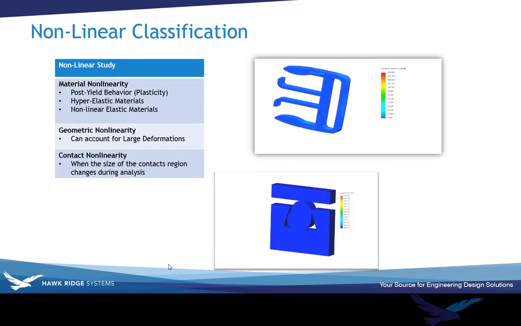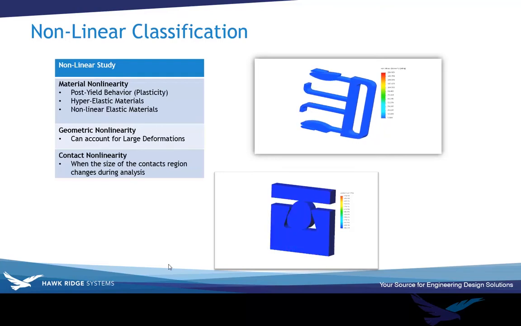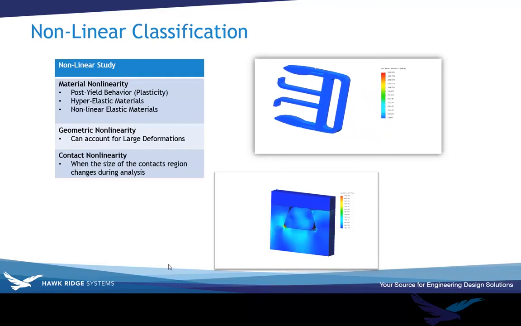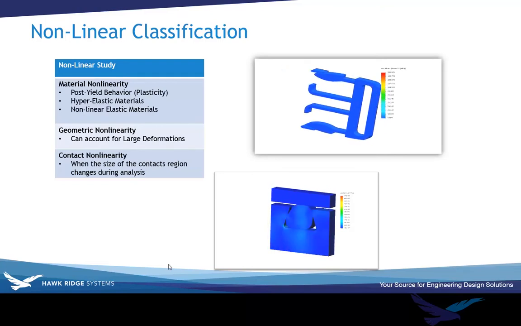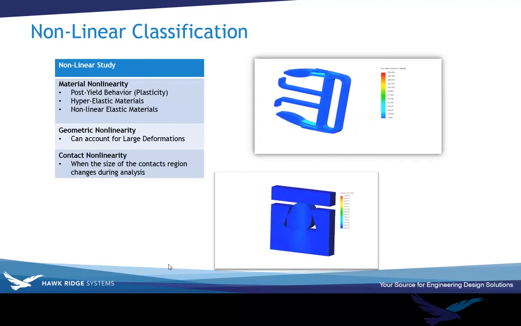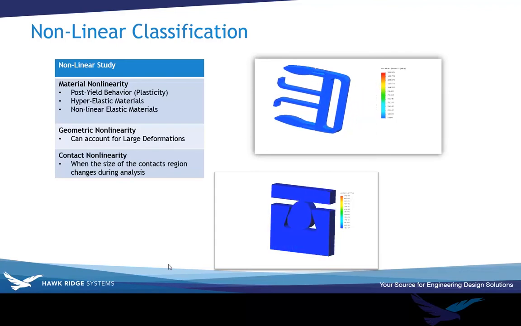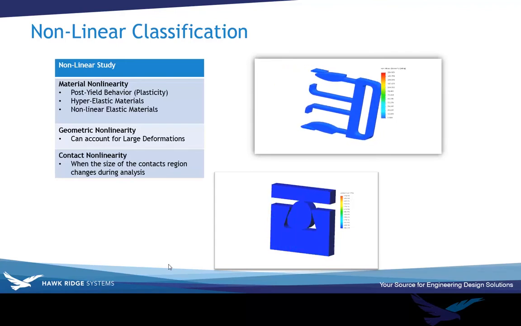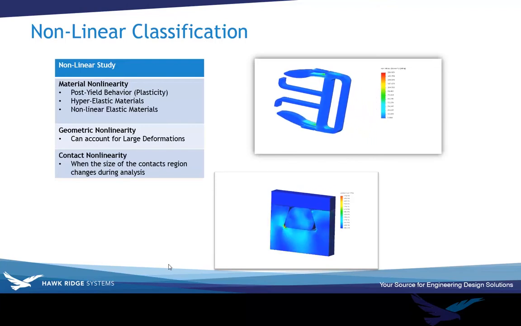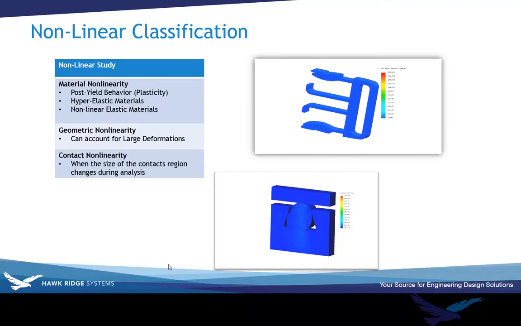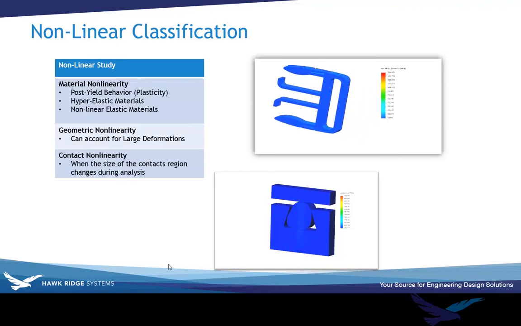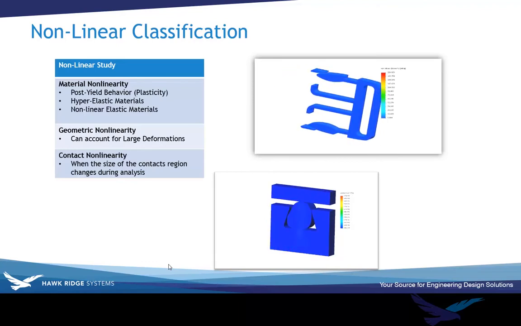That's when we want to account for inherently nonlinear materials, like plastics, rubbers, or maybe we want to know specifically what's going to happen post-yield. Or maybe we want to deal with hyperelastic materials, which we can do in a nonlinear study, like rubbers and really nonlinear types of materials. So that's one category that already differs from a linear static.